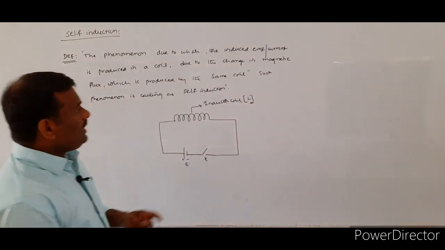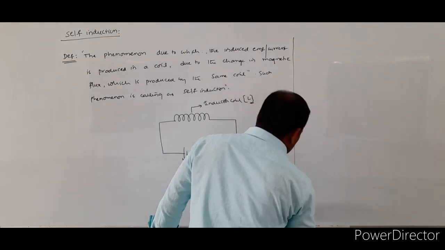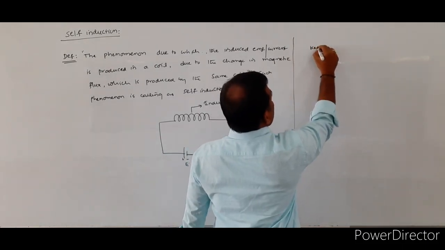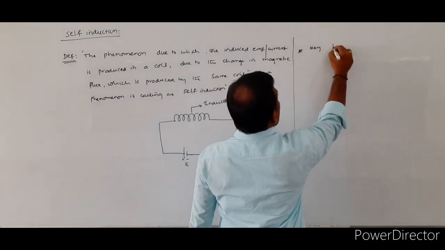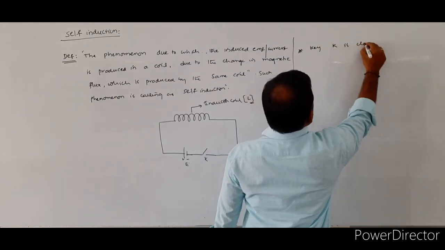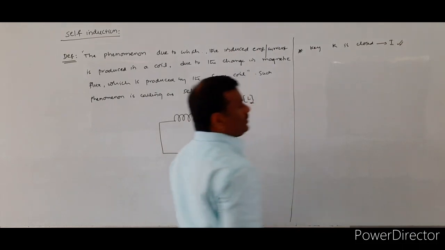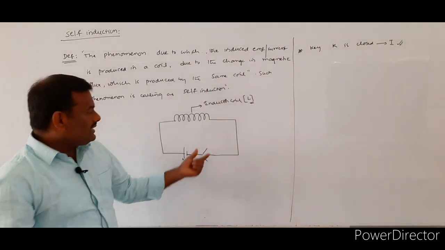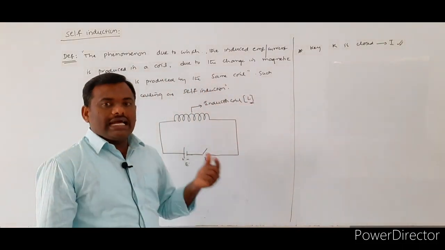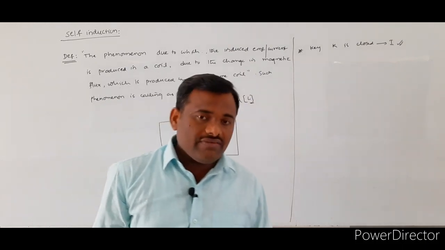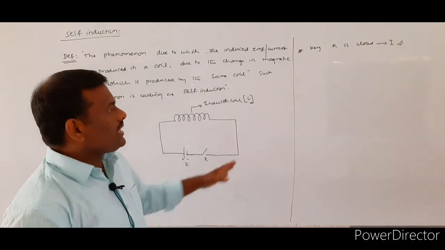Now, whenever the key is closed, what happens? Current passes through the given circuit.